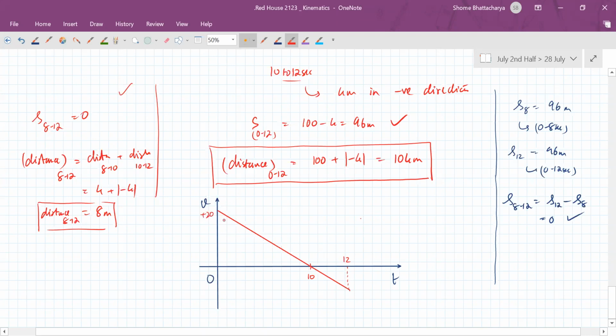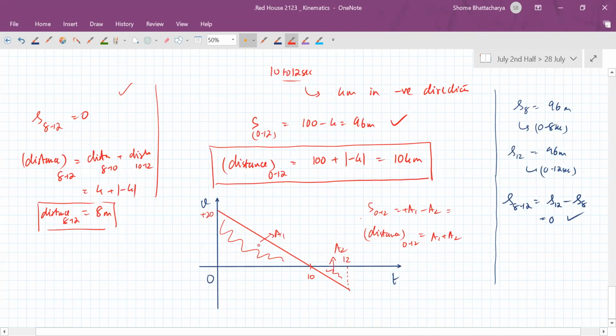So this area will be counted with plus sign, and this area will be counted with minus sign. If this area is A1 and this area is A2, the displacement from 0 to 12 will be A1 minus A2. But the distance will not be with minus sign. The distance will be the modulus. So it won't be A1 minus A2, it will just be A1 plus A2.